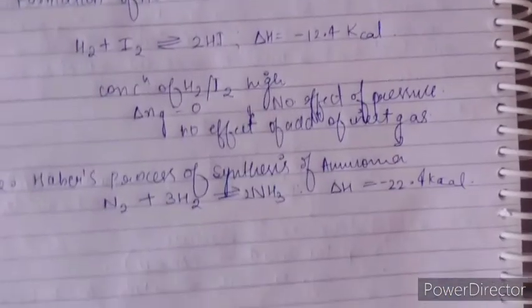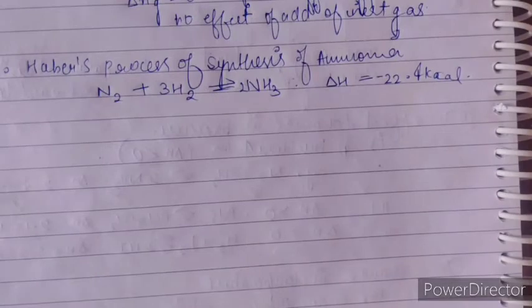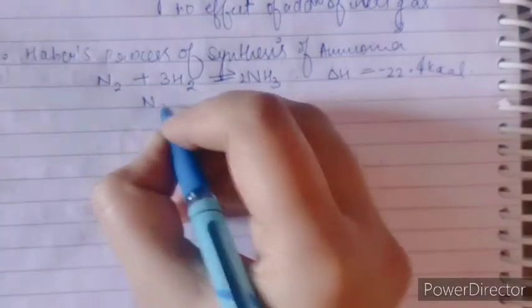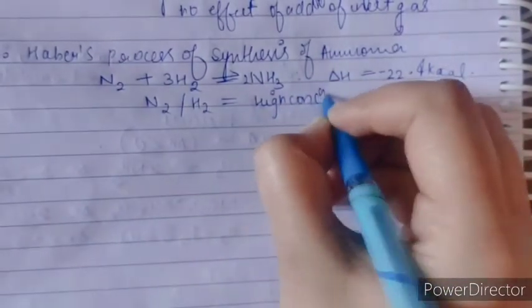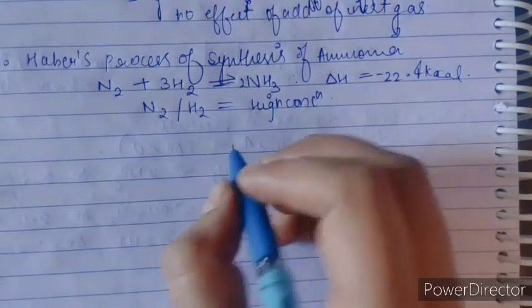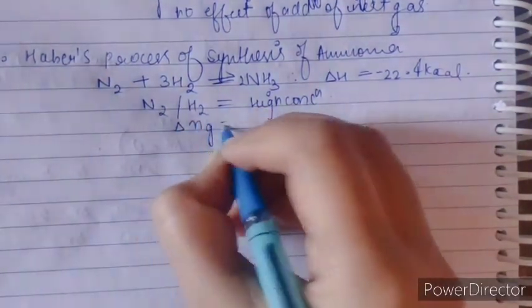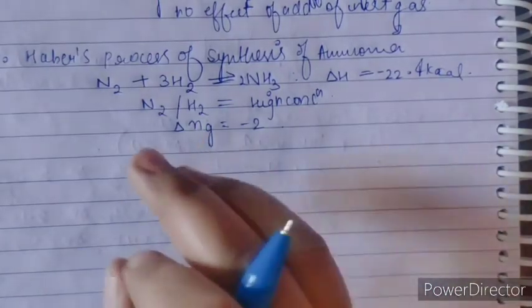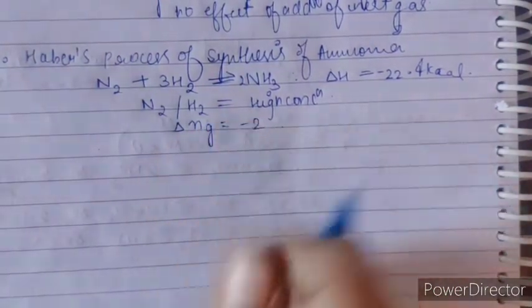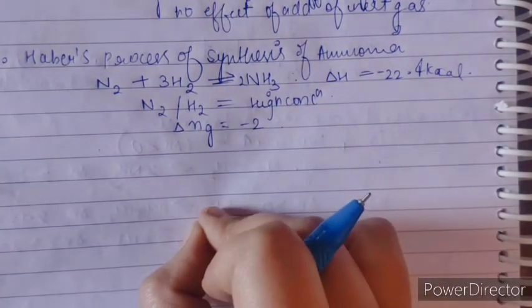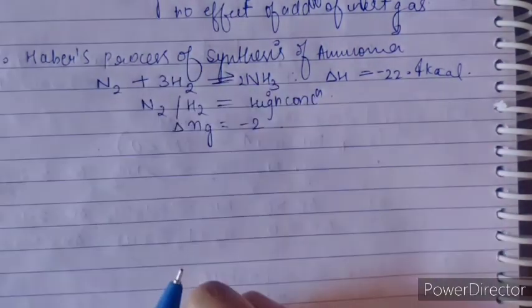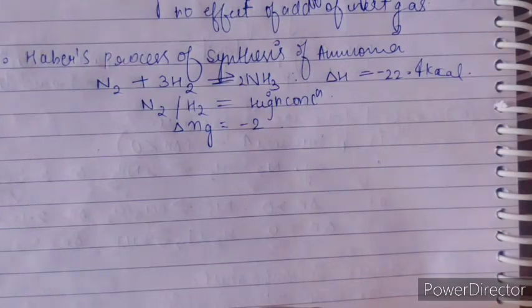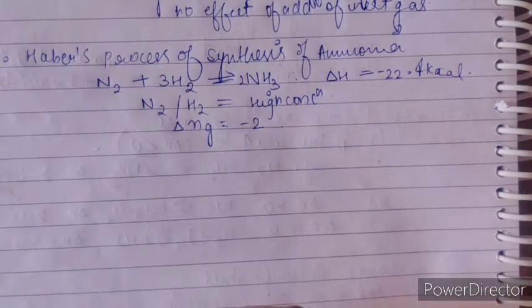The favorable conditions for this reaction are, first, high concentration of nitrogen and H2. The second is high pressure. The third is low temperature, as the reaction is exothermic. Although low temperature favors the formation of ammonia, yet an optimum temperature is set. As the rate of reaction is very slow at low temperature, a temperature of 500 degrees Celsius is selected and a pressure of 200 atm is applied.